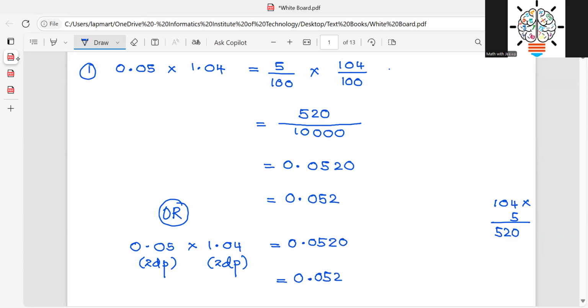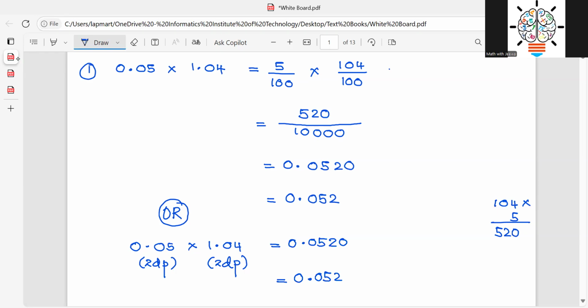Hope it is clear. Either you can use the fraction method or you can use this method. When you have two decimal numbers, you forget about the decimals and you just multiply 104 by 5. It gives you 520. In the question, you can see 2 decimal places and 2 decimal places.